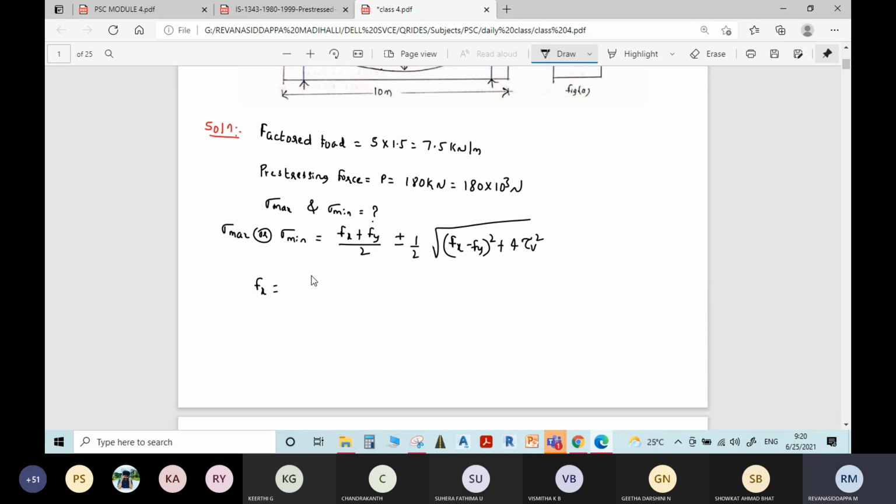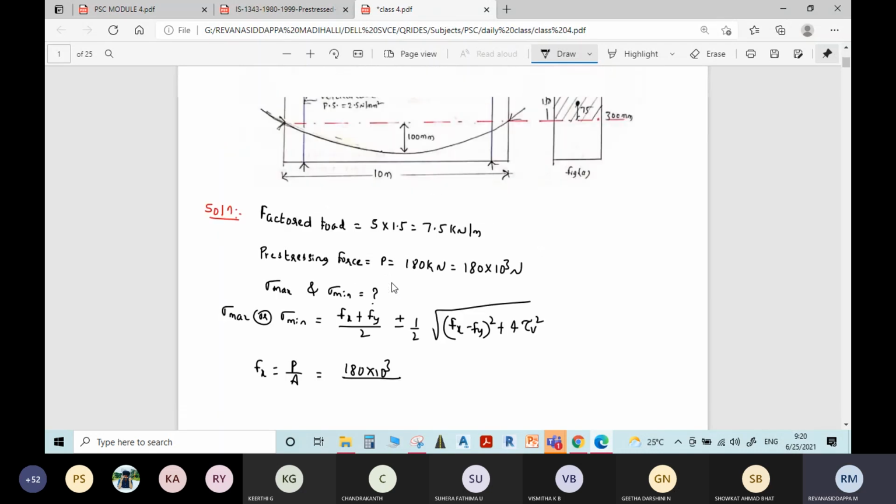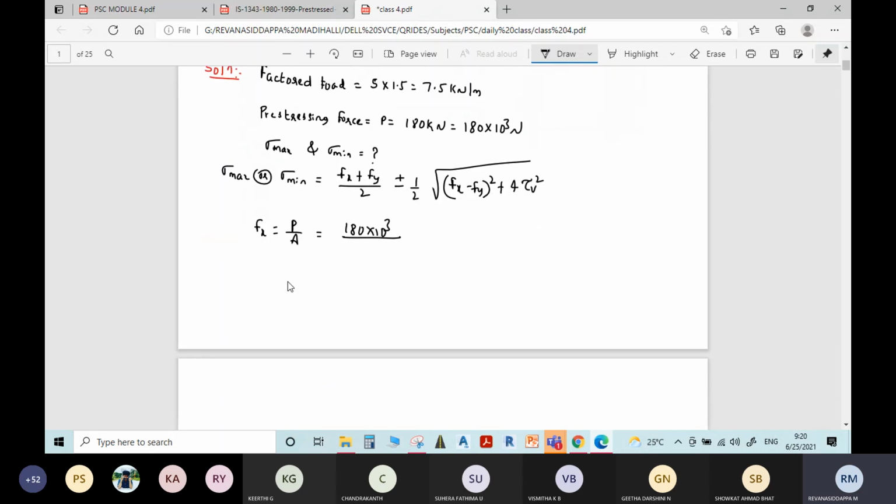What is Fx? Stress in horizontal direction due to prestressing force. It will be P by A. P is 180 into 10 power 3, area is 120 by 300.